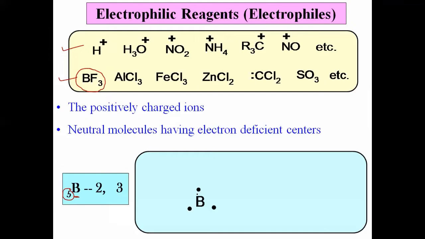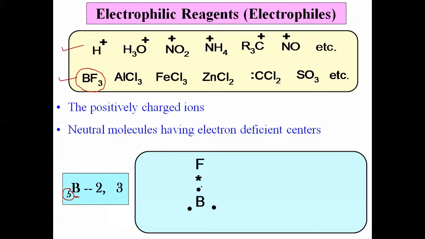Now let us see about boron trifluoride. In boron trifluoride, the central atom is boron. It has only 3 electrons in its valence shell, 1, 2, and 3. Now what happens in the formation of BF3 molecule? Here, 1 electron of boron and 1 electron of fluorine share, and thus a covalent bond is formed between boron and fluorine.